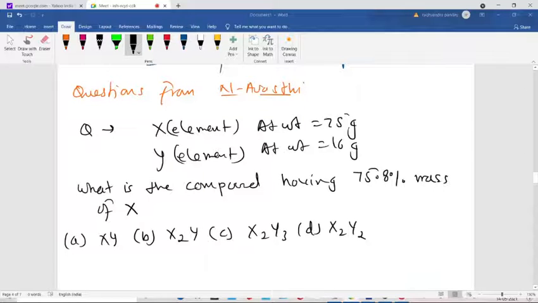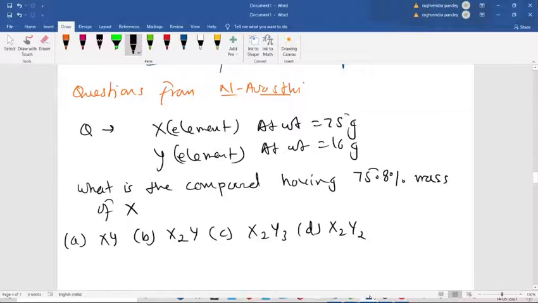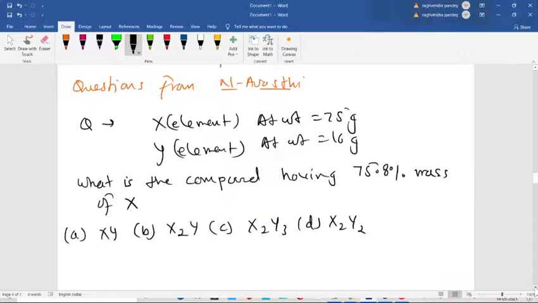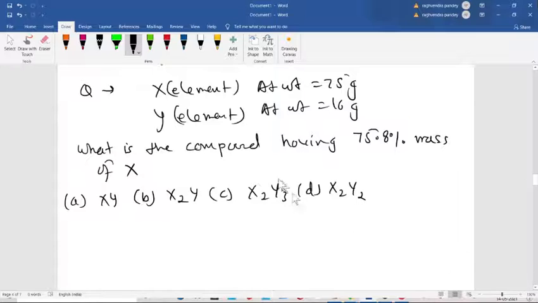Aditya Choksi. Okay. Anybody wants me to solve it? Okay. Now you see.